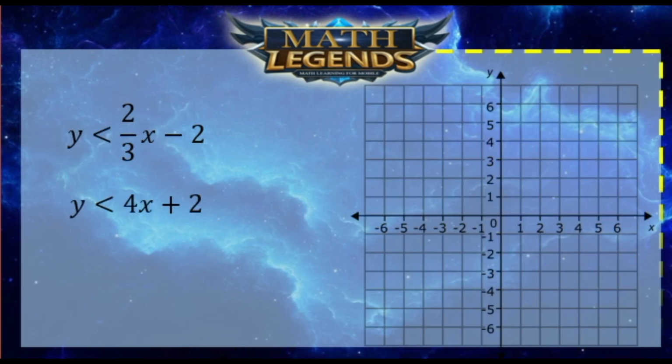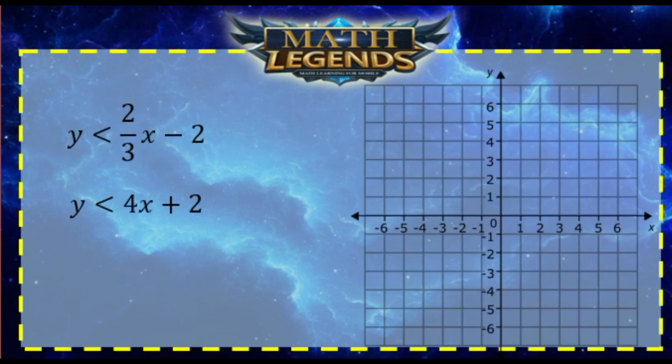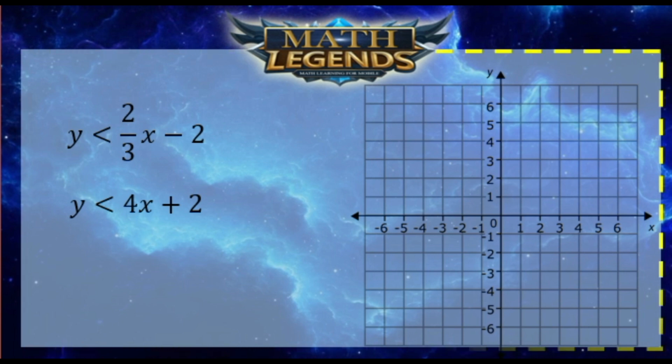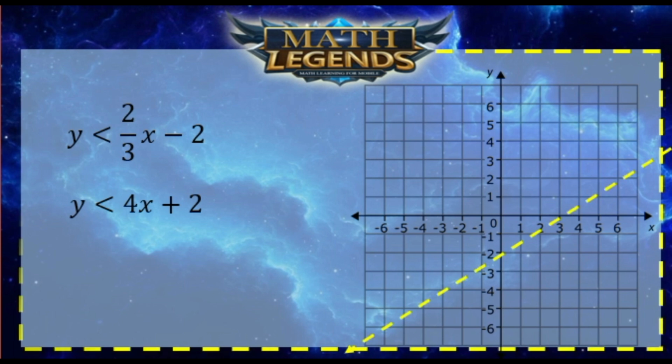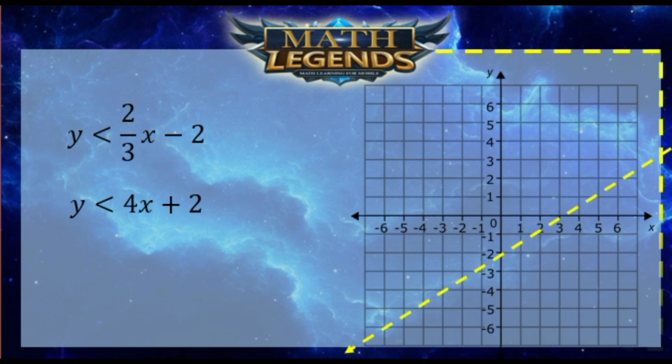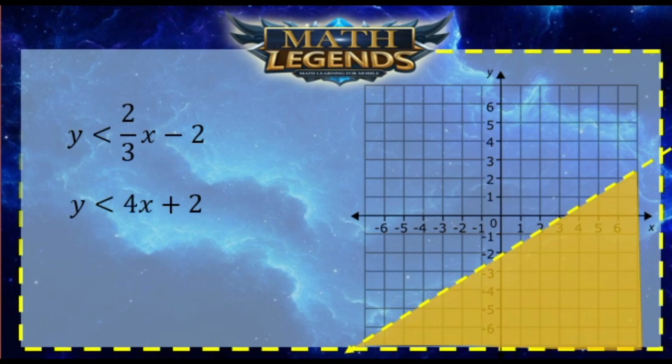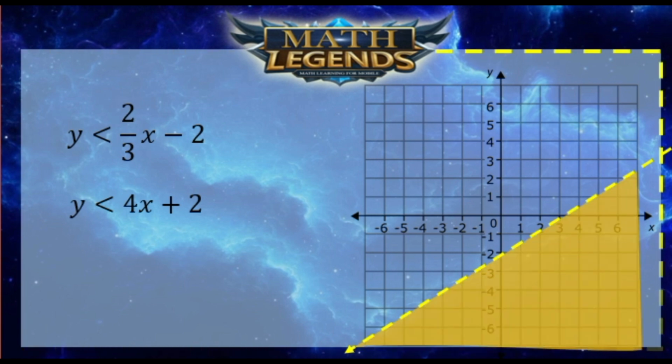Now let us try to graph these two linear inequalities. For the first linear inequality, since it is less than, we're going to use a broken line representing that the line is not included as part of the solution. And since it is less than, we're going to include those values that are below the given broken line. The second also has an inequality sign that is less than.